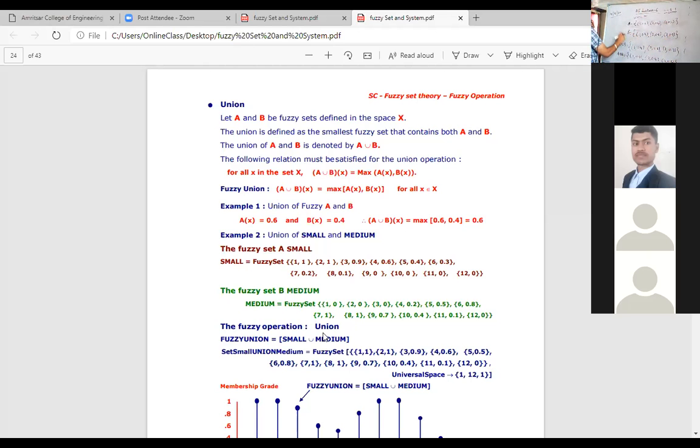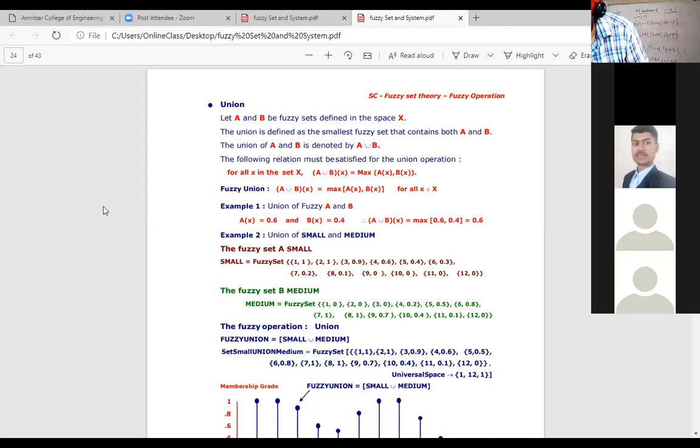So if A and B are the fuzzy sets with their given degrees and elements, this will be A union B and this will be A intersection B. In union, we consider the maximum among the two degrees, and in intersection, we consider the minimum among the two degrees.